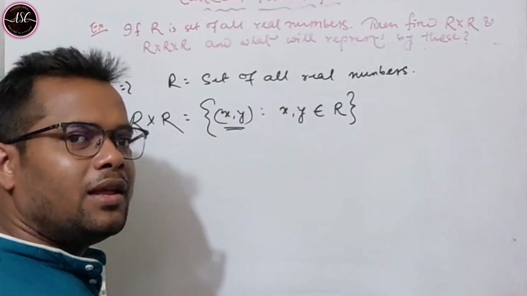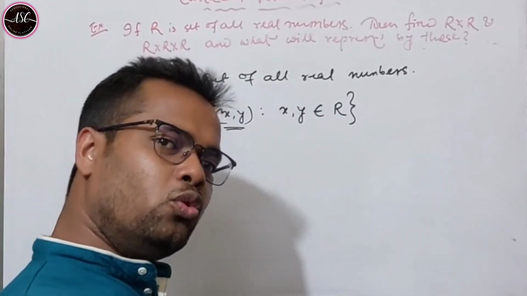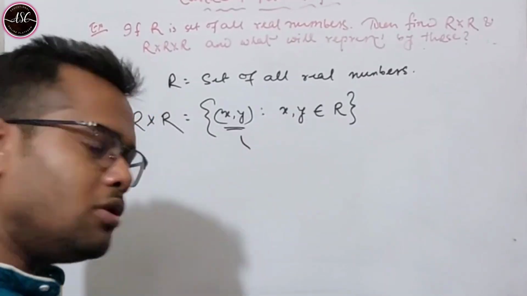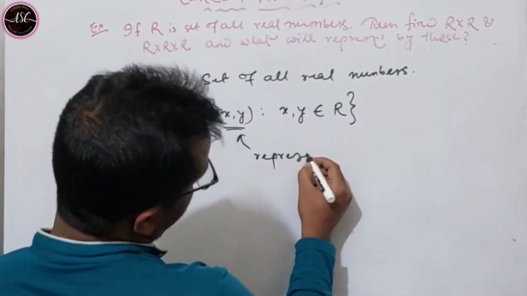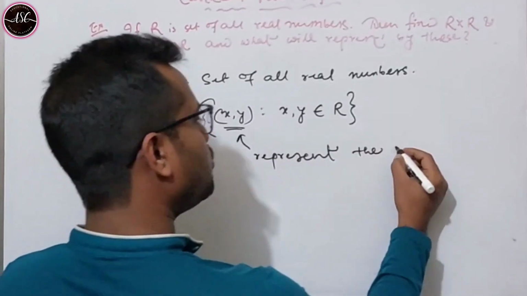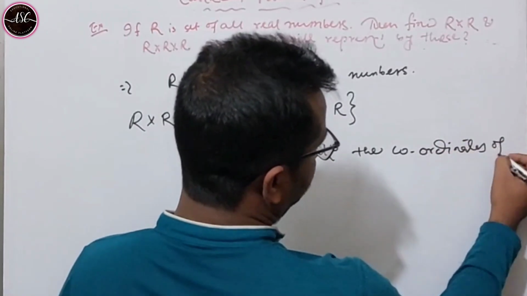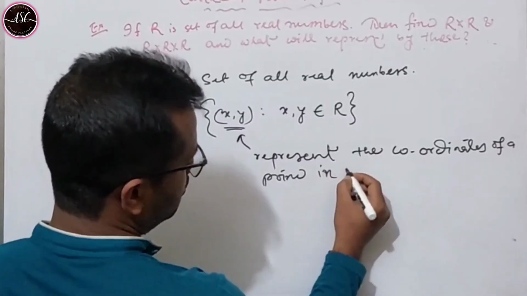This represents the coordinates of a point in two-dimensional space. In coordinate geometry we have already seen that this represents the coordinates of a point in 2D.